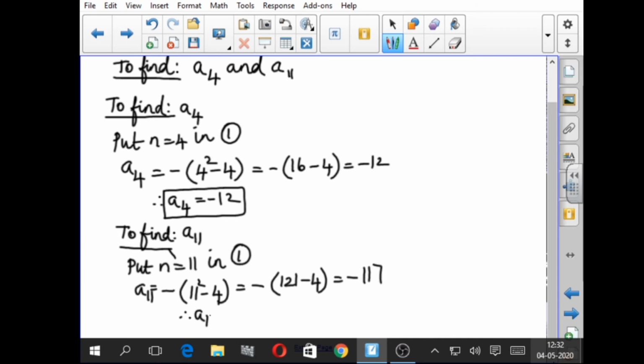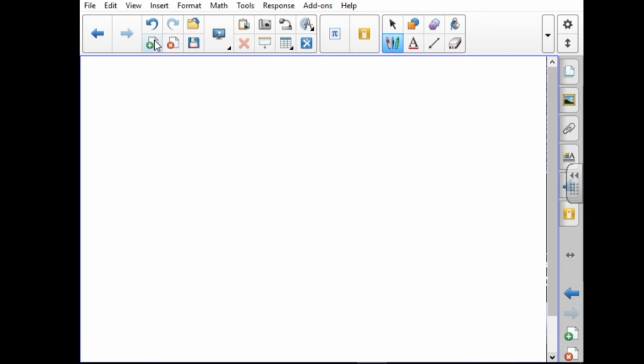Therefore, a11 equals minus 117. Answer: a4 equals minus 12, a11 equals minus 170.